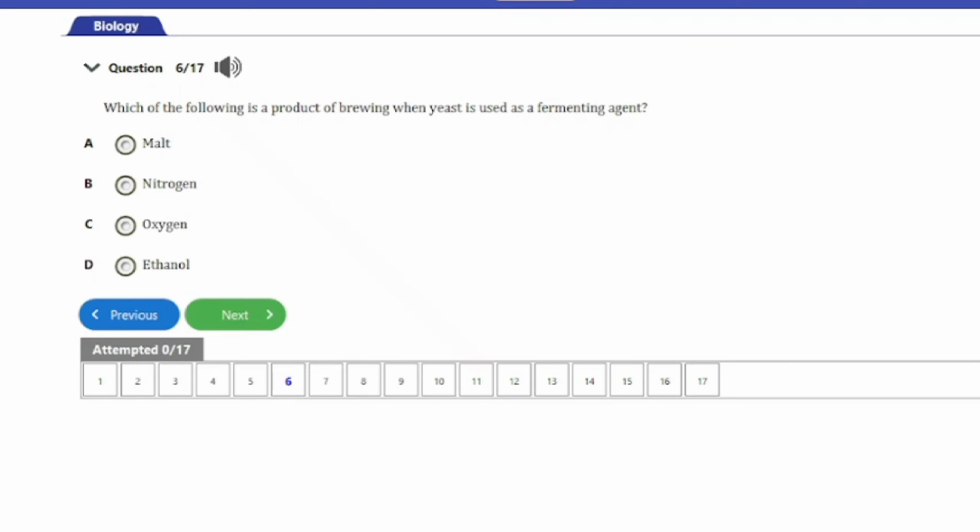So let's go ahead and consider the next question. That's question number 7. It says, which of the following protozoans feed parasitically? We have Paramecium as option A, Plasmodium as option B, Euglena as option C, and Chlamydomonas as option D. The protozoan here that feeds parasitically is Plasmodium, and that's option B. Let's go ahead and consider the next question.